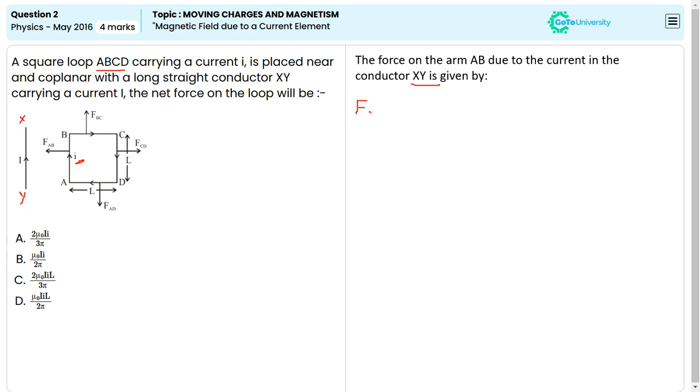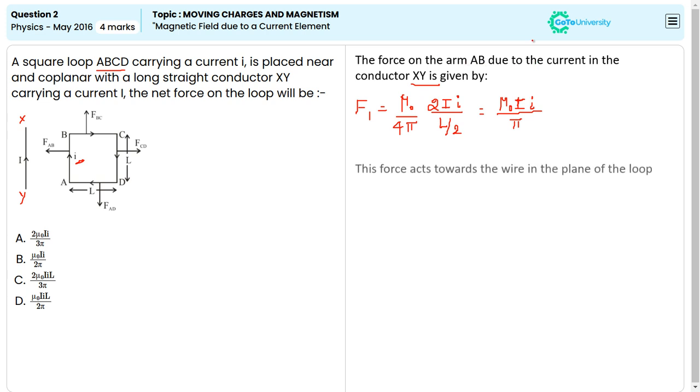F1 equals mu naught divided by 4 pi times 2 into I into I divided by L by 2, which equals mu naught I into I divided by pi. So this is the force on the arm AB.